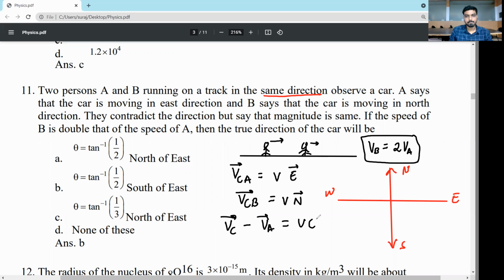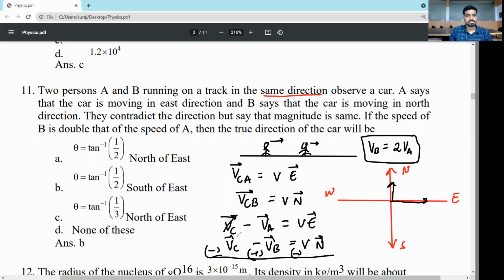Equal to V. This is east, this one is north. Just subtract it.